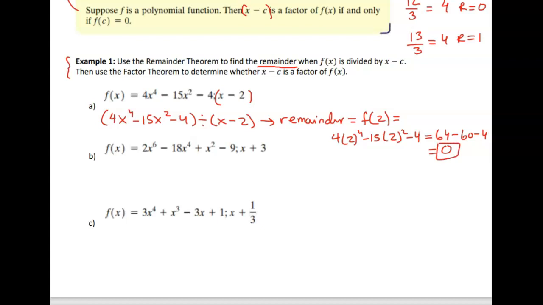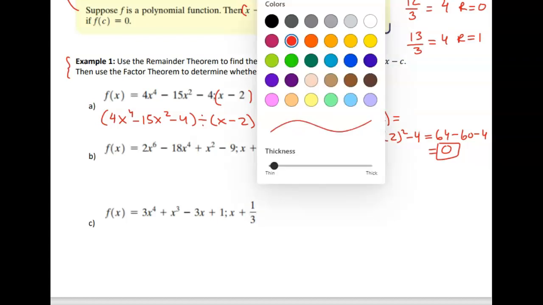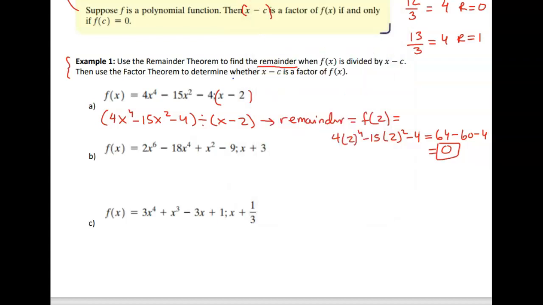And because it's a remainder of 0, we say that x minus 2 is a factor of the function. Why this is important is that now we can use it to factor this.